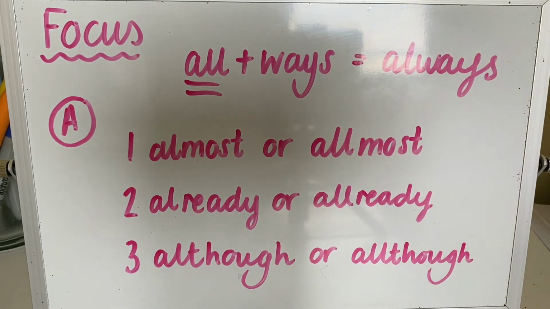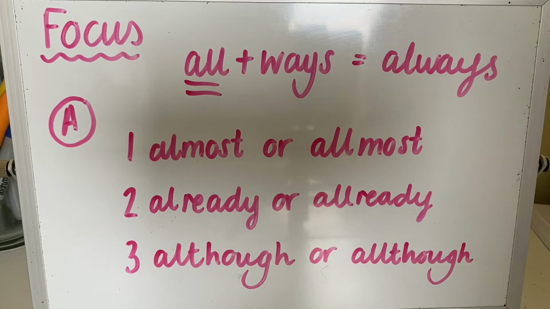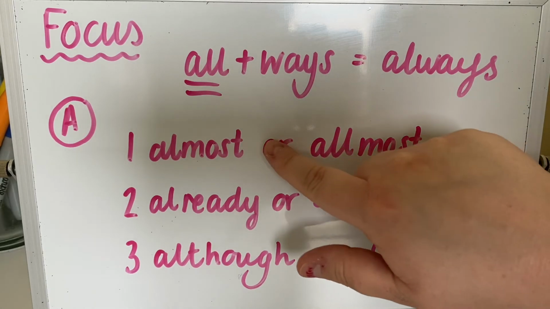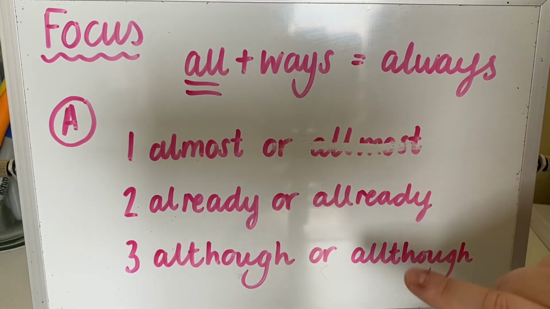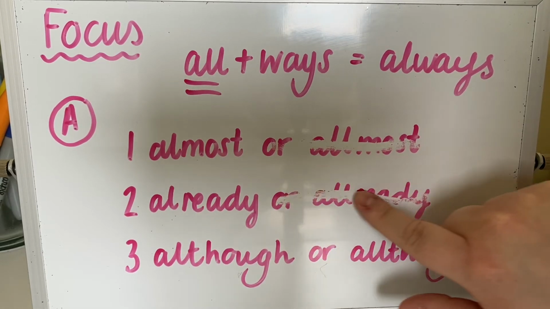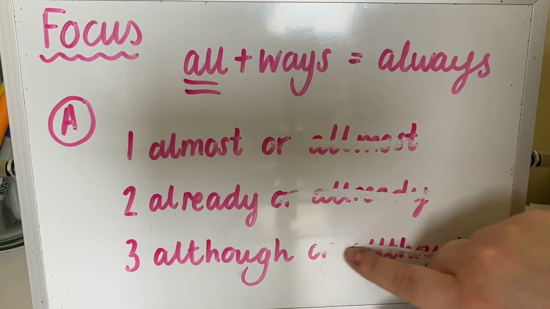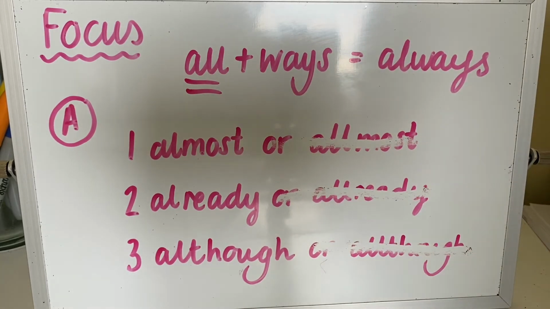It's very easy to identify which is the correct word, because we should already know that we drop the L. So, without knocking over my board here, we should know that these are not the correct spellings for each of the words. So the spellings you should be copying into your book are the ones with just the one L. And like I say, there is 3 other examples for you to complete on your own as well.